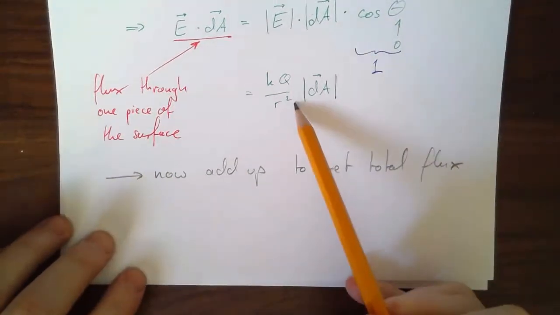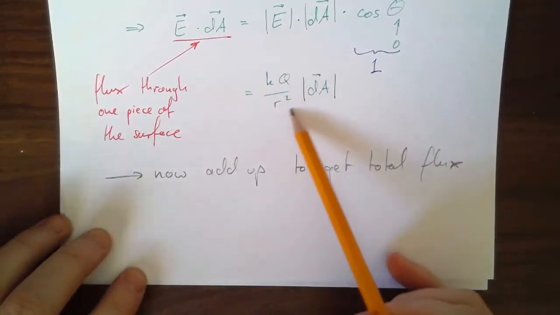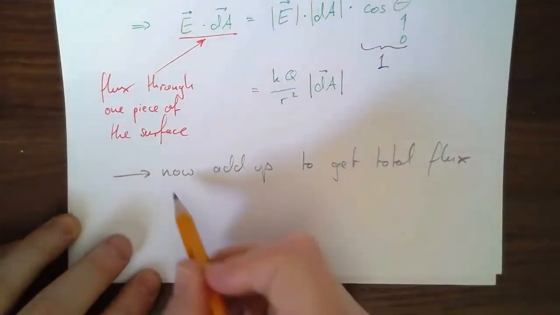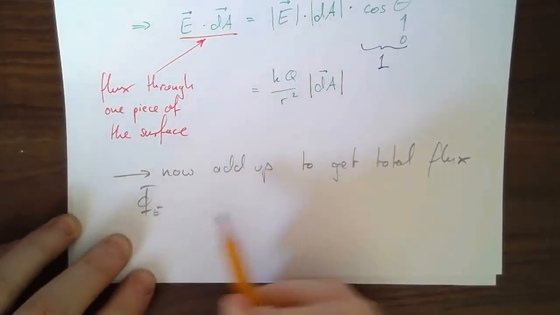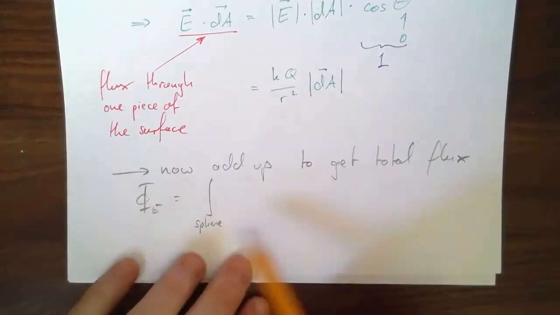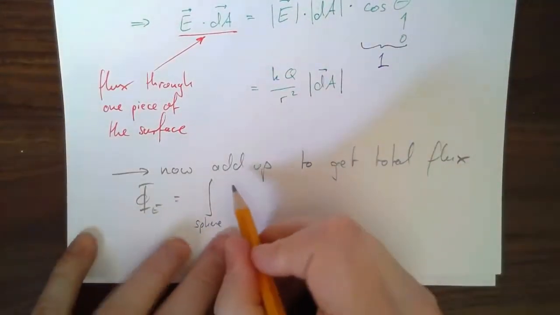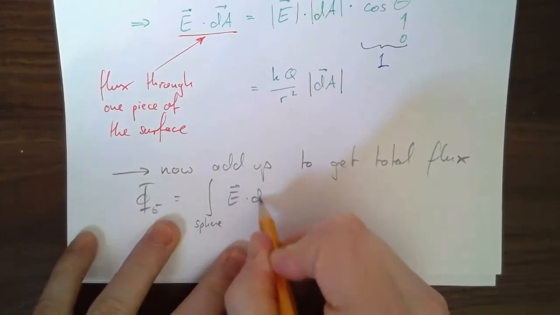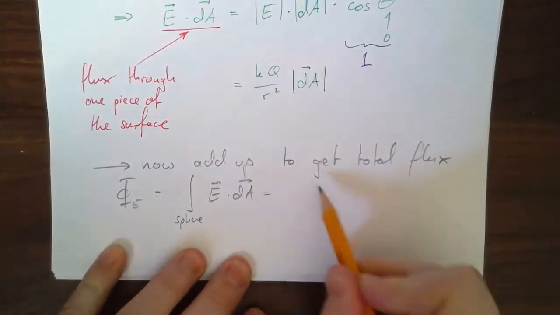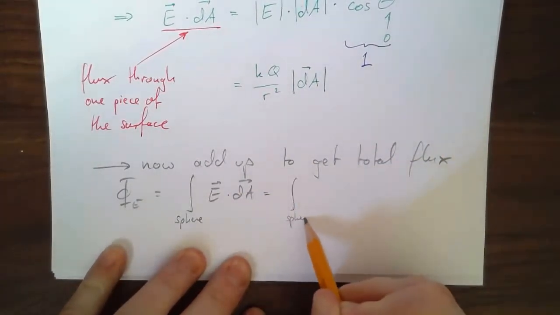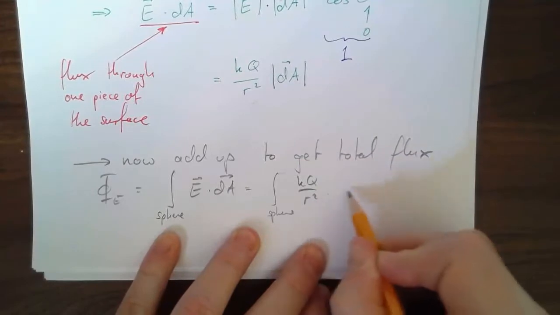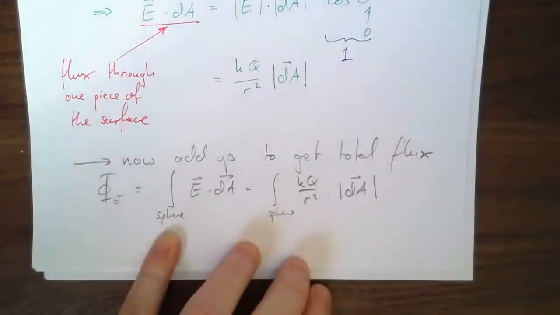We're adding them up, but lucky for us, this thing is the same for every single tiny piece. So the total electric flux for the surface is the integral over the total sphere, meaning we're summing up the tiny pieces until we've made up the whole sphere, of E dot dA, or A dot E, which is the same thing. I now know this is the sum over the sphere of kq over r squared times just the area itself.